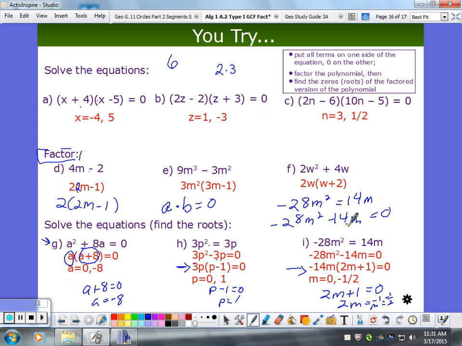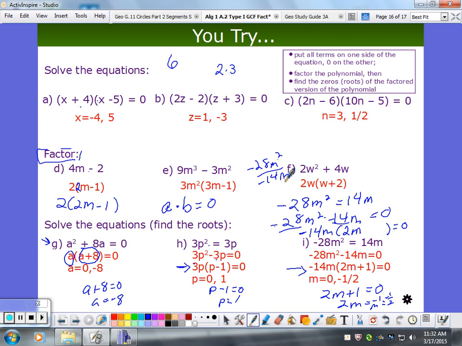Now I'm solving an equation. I need to factor it. Look at these numbers. 14. And take out the negative with it. So the negative 14 comes out. What about m squared and m? Okay, now we're going to be careful. Negative 28m squared over negative 14m is positive 2m.